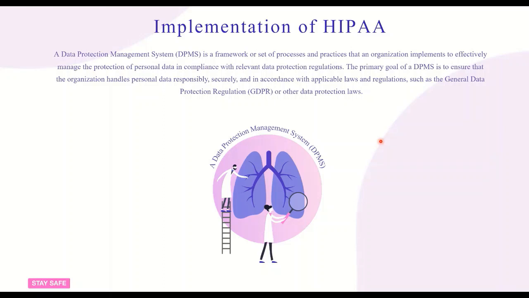So, an organization that works globally, a multinational corporation, will have to adhere to these various data protection regulations. The primary goal of a DPMS is to ensure adherence not just to HIPAA but to various international data protection acts.